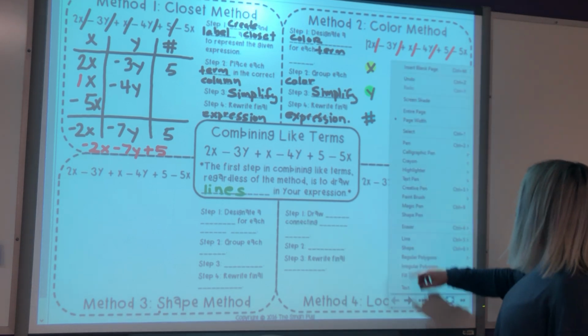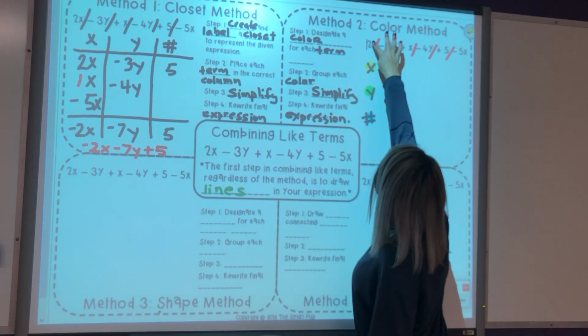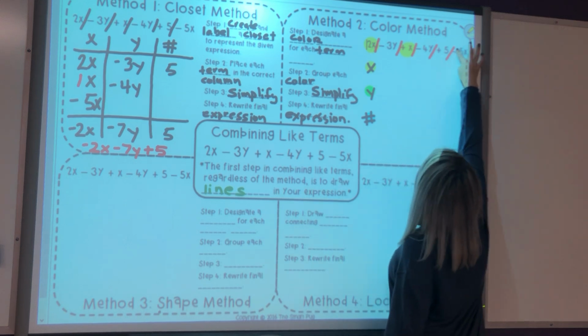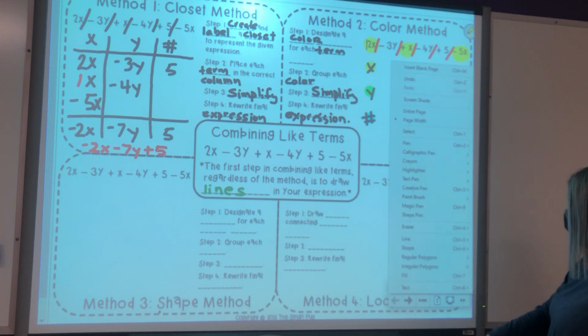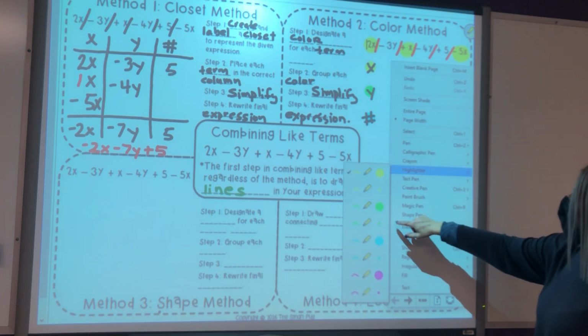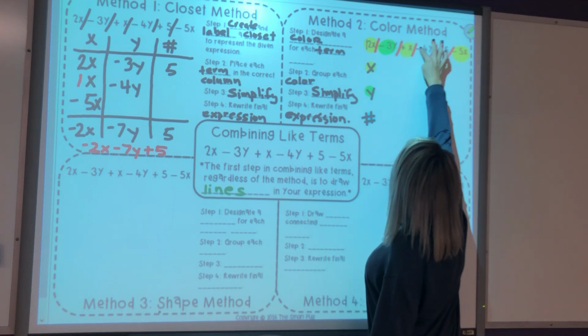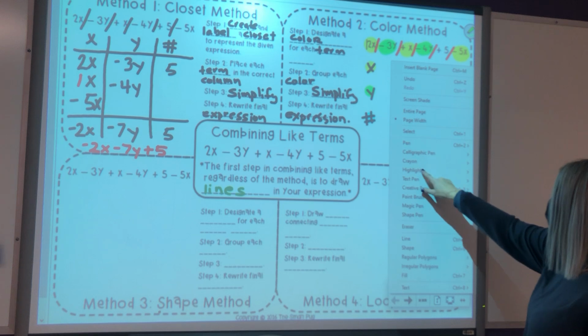So then I'm going to go back with my color, and I'm going to color all my X's. So 2x, x, and negative 5x. My Y's are green. So negative 3y and negative 4y.